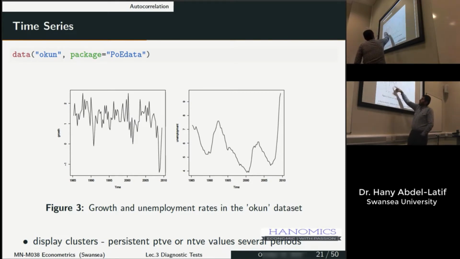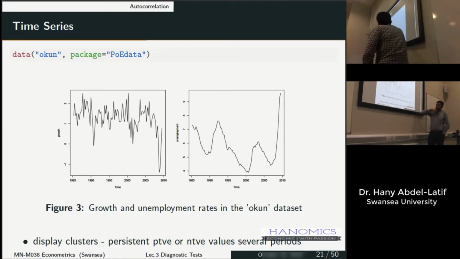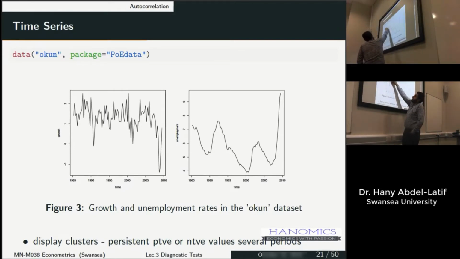If you look at this, you'll see some sort of clusters or persistent positive and negative values which continue. For example, if the output growth is declining in one period, it is likely to carry on to the next period. The same thing if it's increasing. The same with unemployment data: it's declining, next period declining, next period declining, and then if it's increasing, it is likely to continue. So there's some sort of correlation here over time.